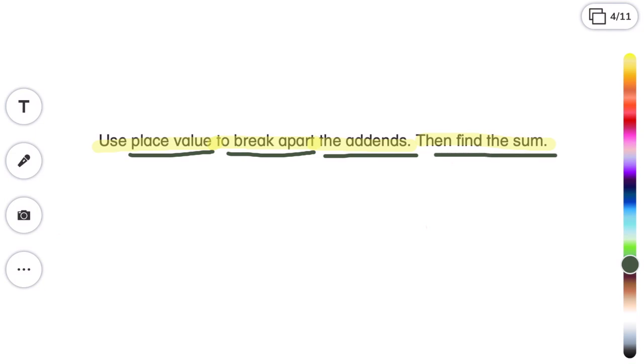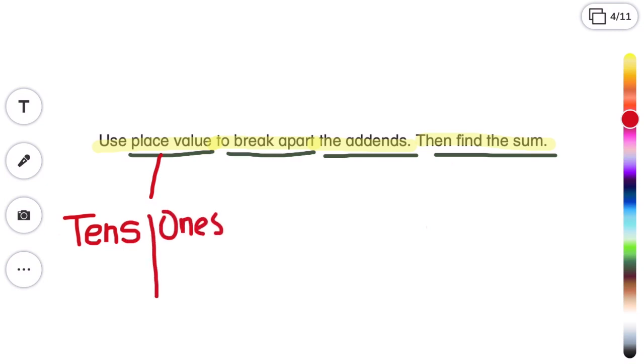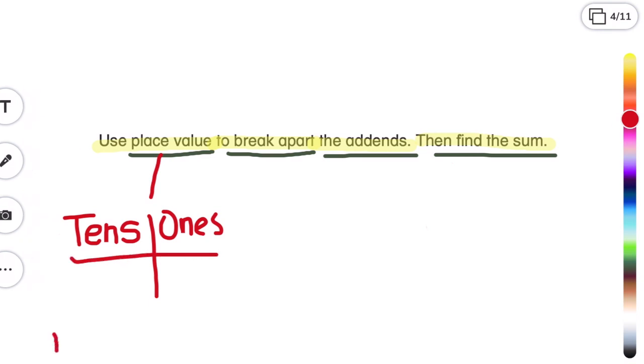Now let's talk about what each of these different pieces mean. These are going to be the same directions that you had for each problem. Place value. You were introduced to place value on Tuesday with Mrs. Adams. Here is an example for place value.